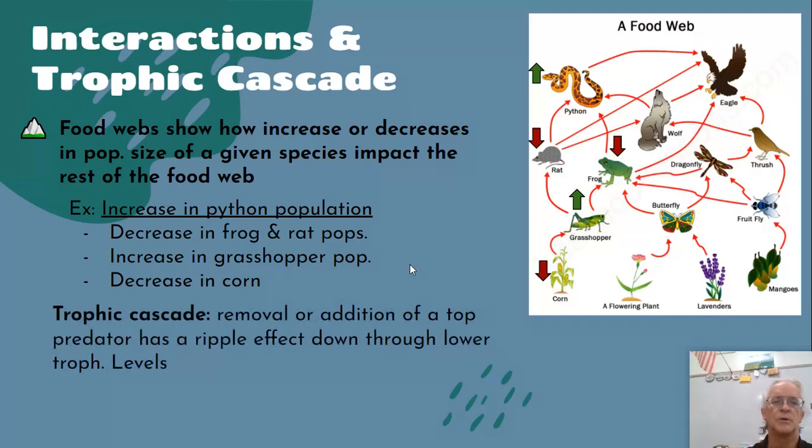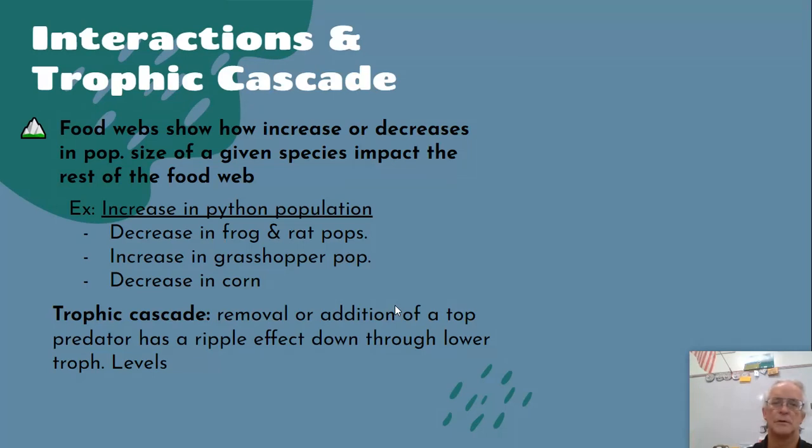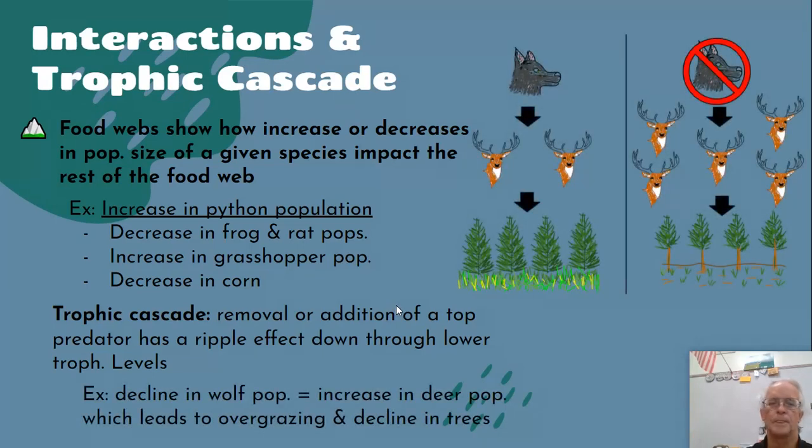These are called a trophic cascade, which is nasty. The removal or addition of a top predator has ripple effects down through the lower trophic levels. For example, look at what happened in Yellowstone when they removed the wolves.